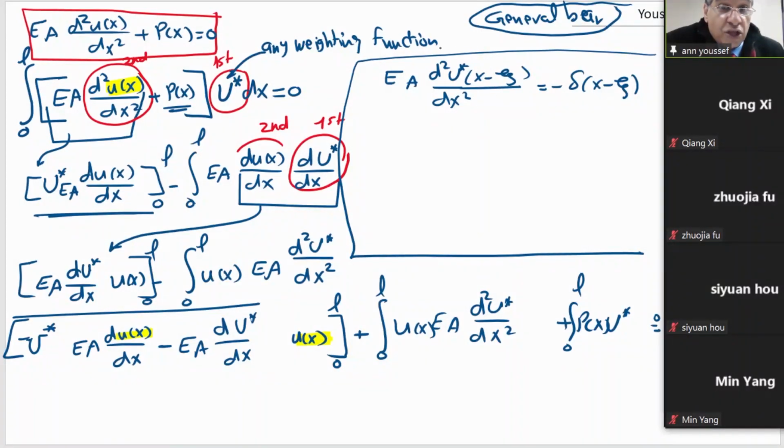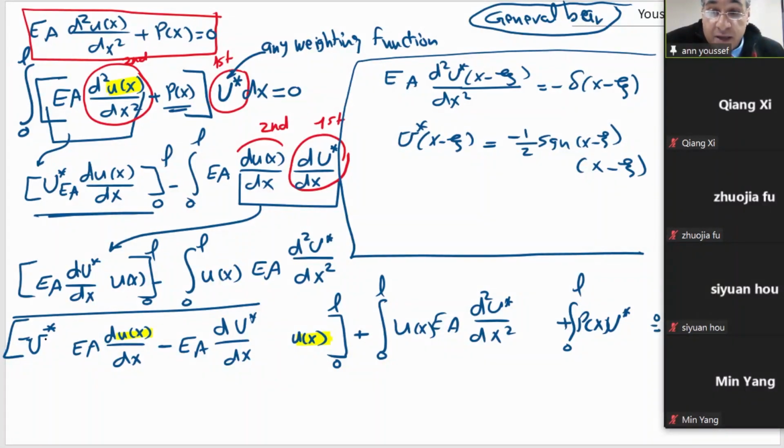And I know from here that u asterisk of x is very well known by integration, and we did it before: u asterisk of x minus xi equals minus half sign of x minus xi times x minus xi.